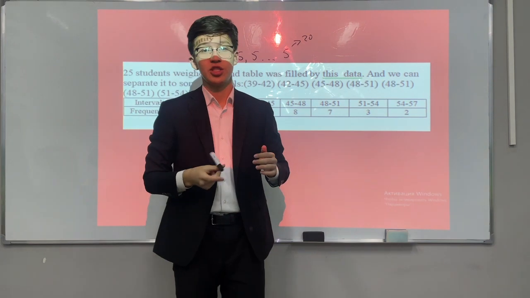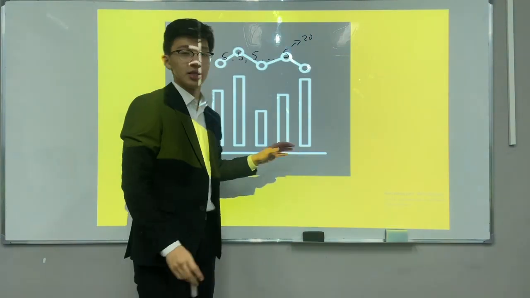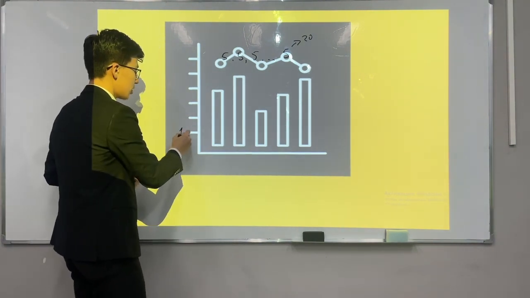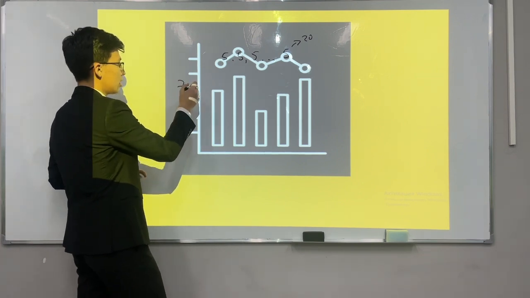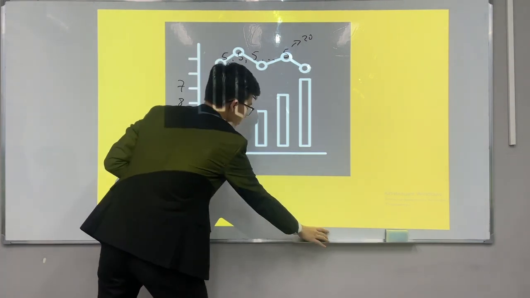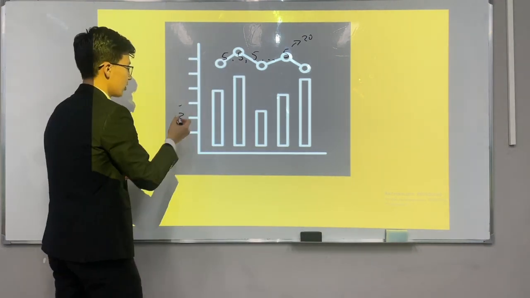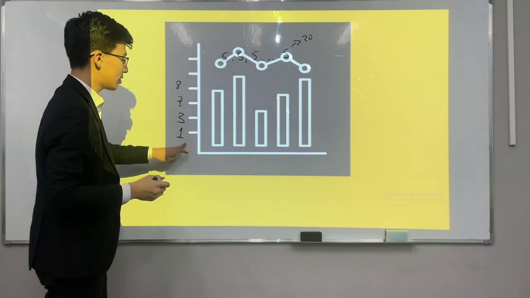Let's consider it on the histogram. We can write 1 student, 3 students, 8 students, 7 students. It doesn't matter, or you can write it in growing order.